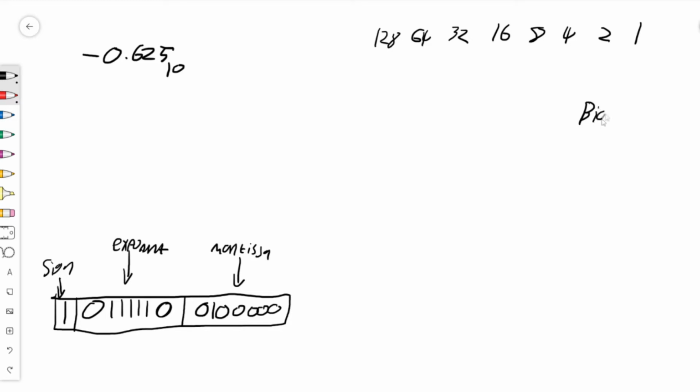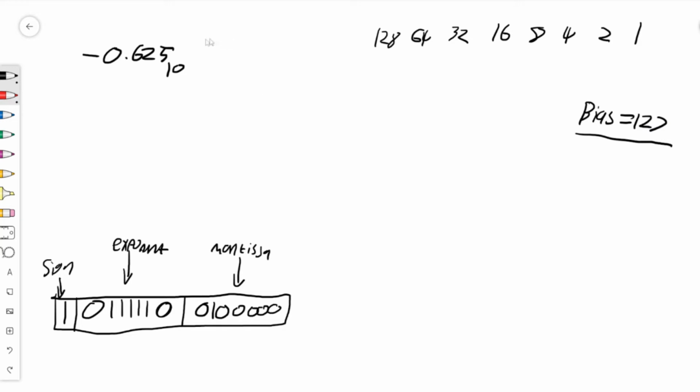Write down that our bias is 127, and as long as we're working with a singular floating point number, this will always be the same. Remember that the bias is 127. We'll come back to this later, but it's good to get it onto the page while we're thinking about it.